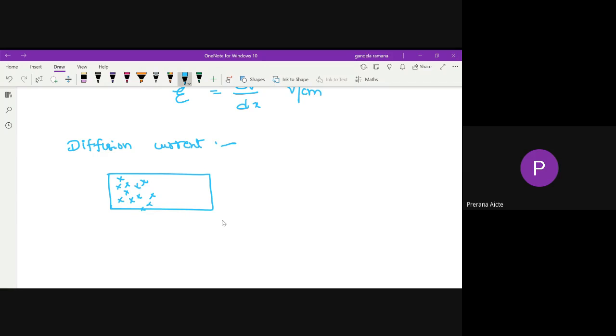So what happens? Electrons move from one place to another place without any electric field. That is called diffusion current.